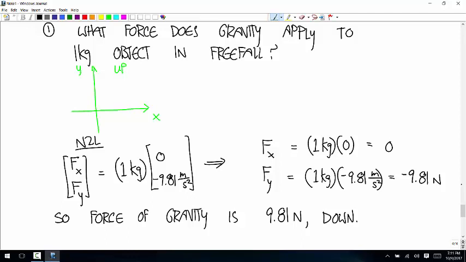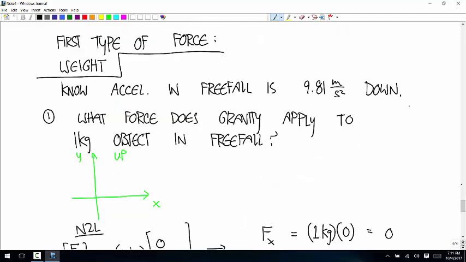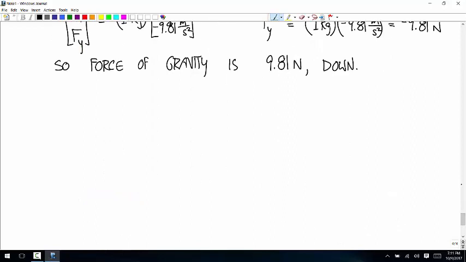Yeah, it's down because it's a negative y component, and we had already decided that the negative y was down. Okay, so now let's do another one. Say that's our working hypothesis, that the weight pulls 9.81 newtons down on everything. So now let's think about a 100 kilogram mass in free fall.